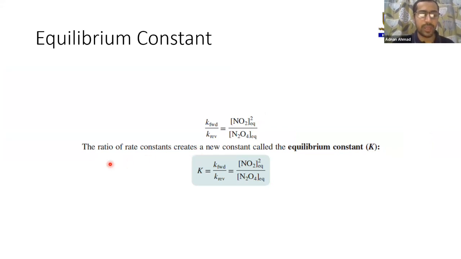All right, so here we have the ratio of the rate constants, which creates a new constant called the chemical equilibrium constant. And we can see here that K equals the forward reaction divided by the reverse reaction. So we have NO2 squared and we have N2O4.